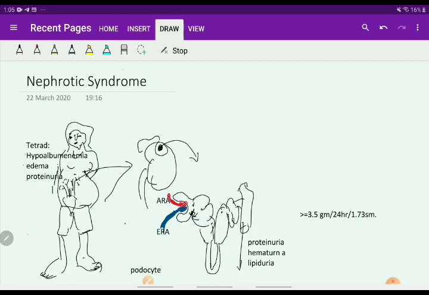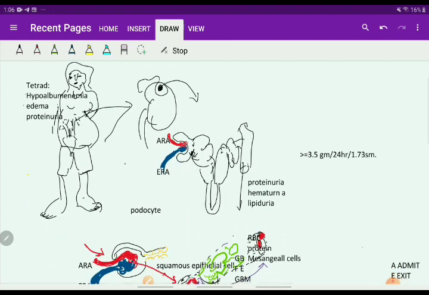Before we go into nephrotic syndrome, we first need to explain the main pathogenesis, and to explain that we need to go through the anatomy and physiology of the glomeruli. Each glomerulus contains a glomerular tuft, which is composed of filtrating glomerular capillaries that are supplied by blood via the afferent renal arteriole, and the blood comes back to the circulation via the efferent renal arteriole.